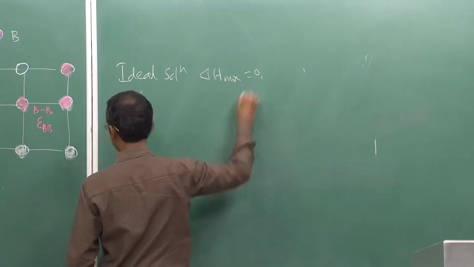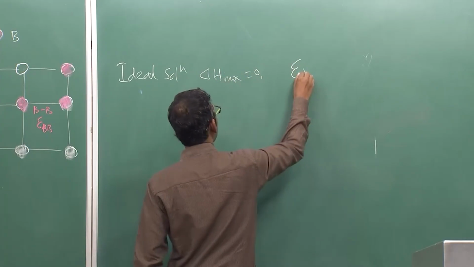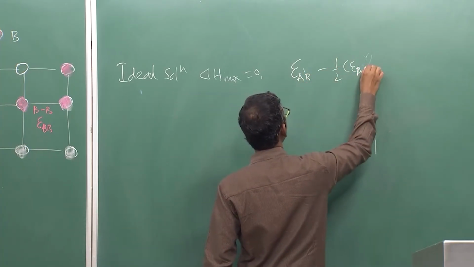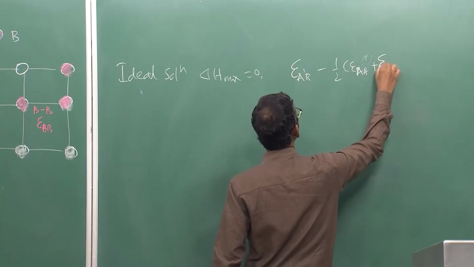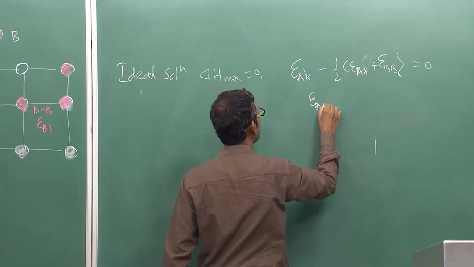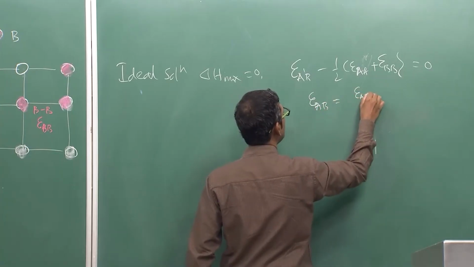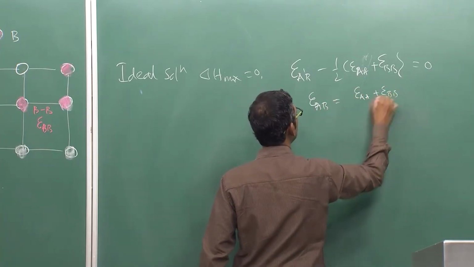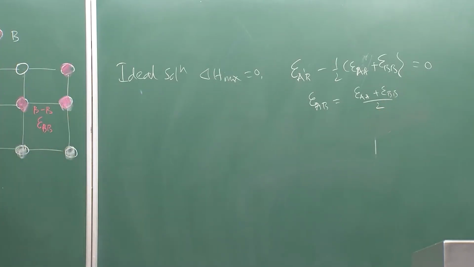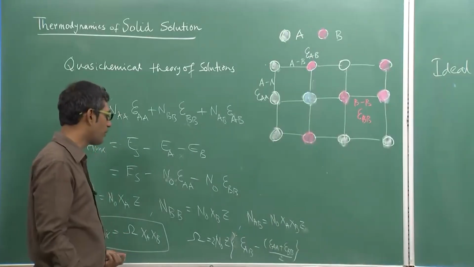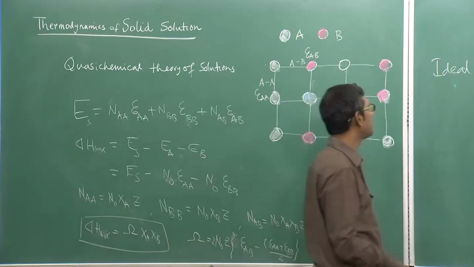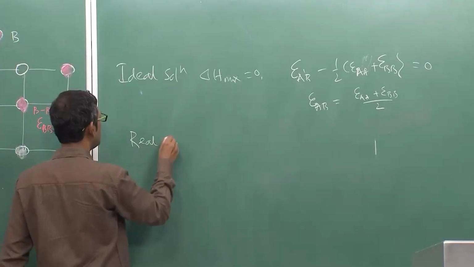That means epsilon AB is equal to epsilon AA plus epsilon BB divided by 2. So the bond energy of AB is the average of the bond energies of AA and BB. There is not much change of bond energies when the solution forms, but for real solutions this is not true.